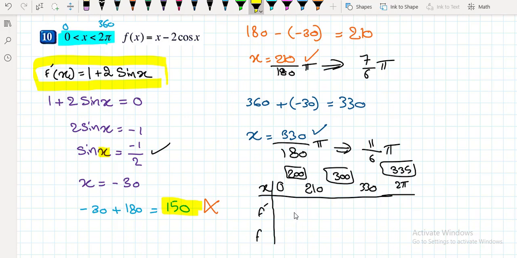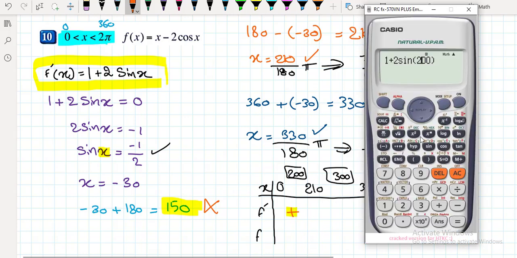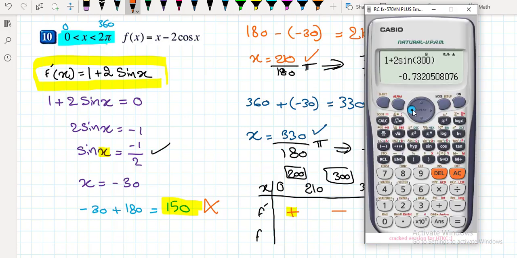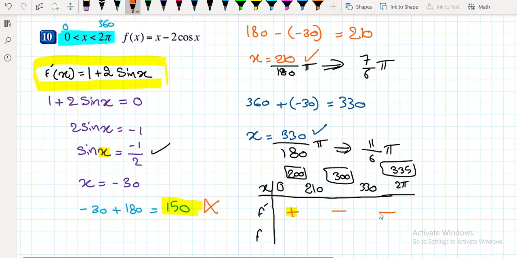That is positive. Same thing for 300. This is negative. And for 335, result is positive. So from 0 to 210 is increasing. From 210 to 330 is decreasing. From 330 to 2 pi is increasing.